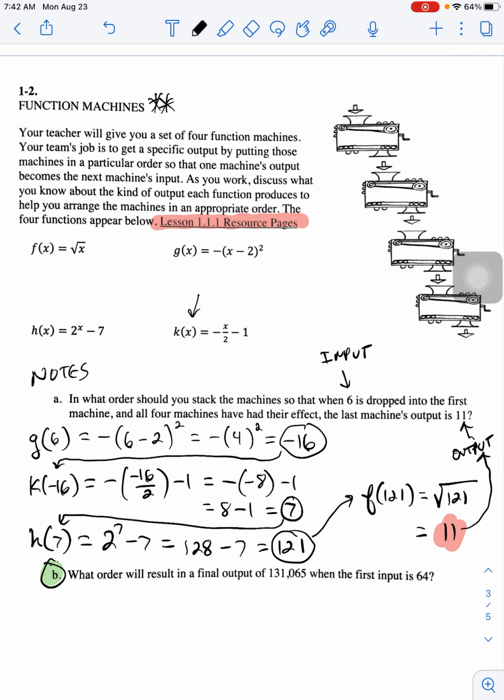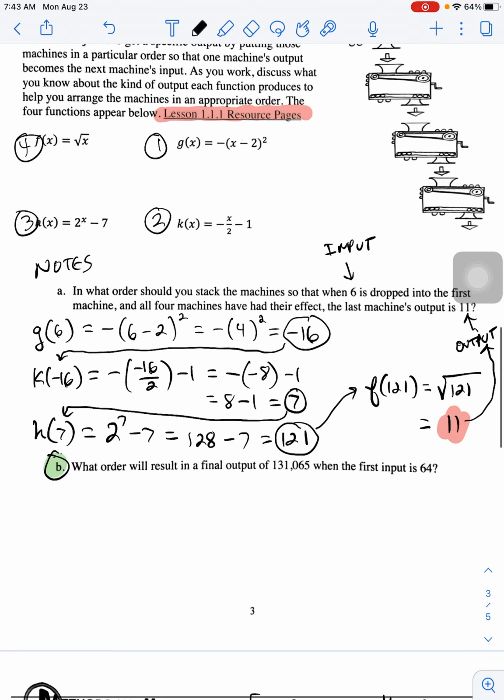So for A, the particular order that I had to go in was I started off with G, then I had to go to K, then I had to go to H, and then I had to go to F, okay?